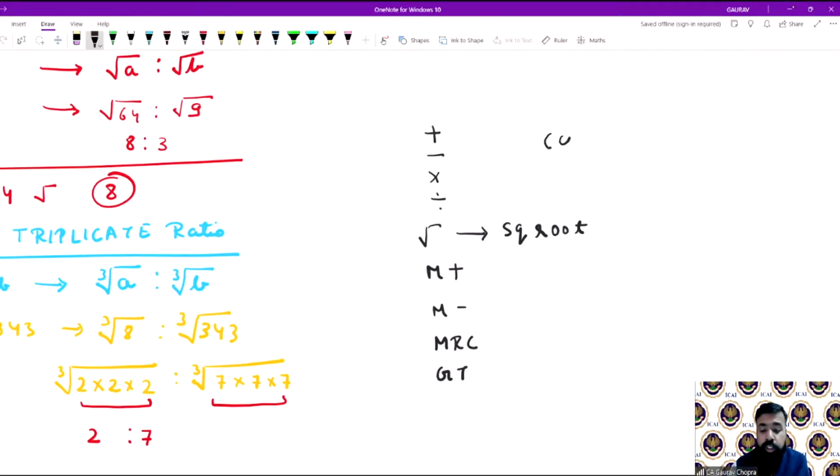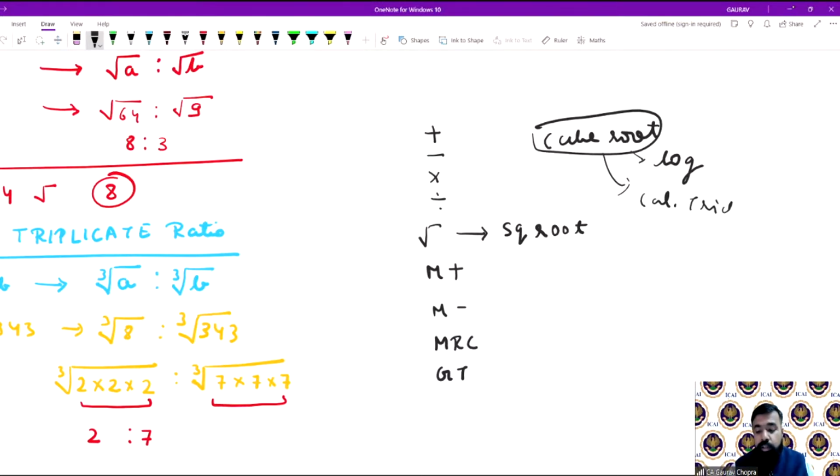So for calculation of cube root, there are two ways to solve. One is using logarithm. Use log to solve the cube root. The other one is to use the calculator trick. If we solve using logarithm, it may take around 3 minutes.